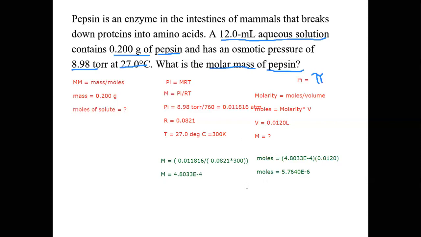Now we know the moles and we know the mass, so we can calculate the molar mass. Again, this may be a very large number because it's an enzyme. It's okay.